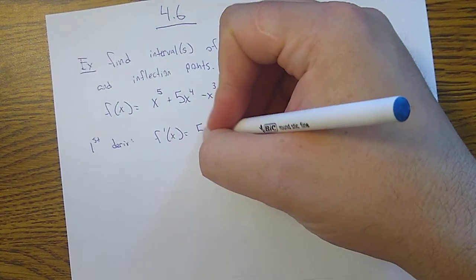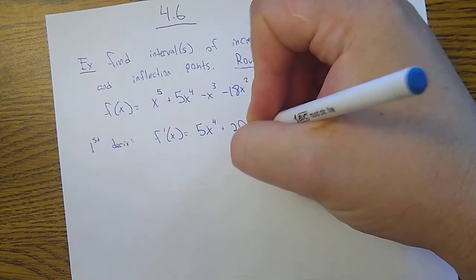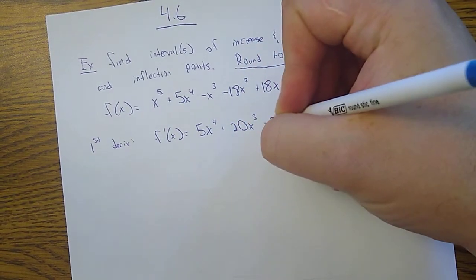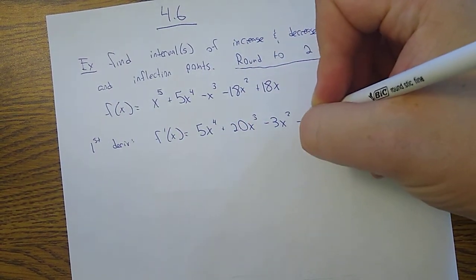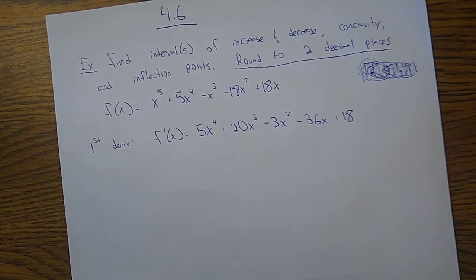is 5x^4 + 20x^3 - 3x^2 - 36x + 18. Right? So that's the first derivative.